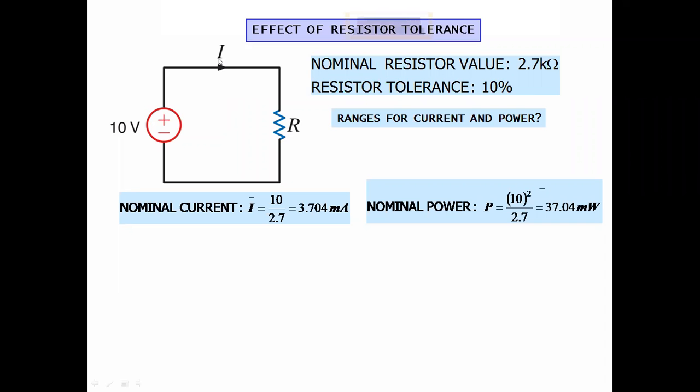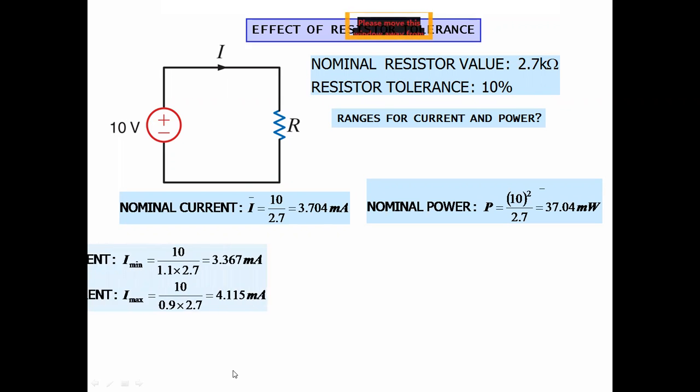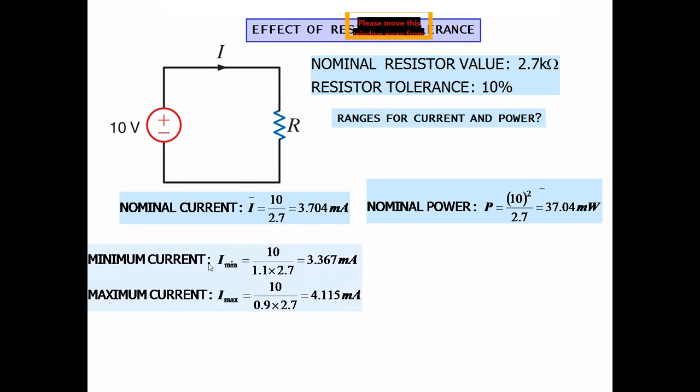After that, we'll calculate the minimum current and the maximum current in the circuit on the basis of resistance tolerance. To have a minimum current, there must be a maximum resistance. So in the 2.7 kilo ohm resistance, we'll add the 10% tolerance.